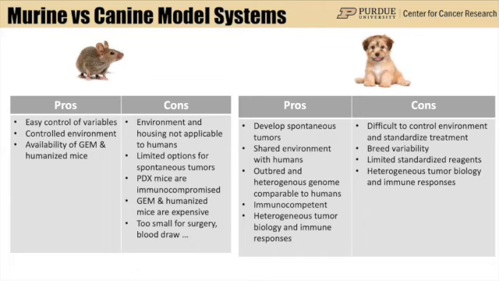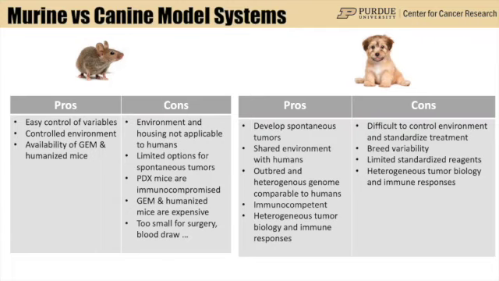Lately, the National Cancer Institute, as well as a number of labs across the country and the world, have been seeing a lot of benefits to using the canine model system. These are pet dogs that are brought in to the clinic by their families, and they've developed cancer spontaneously.